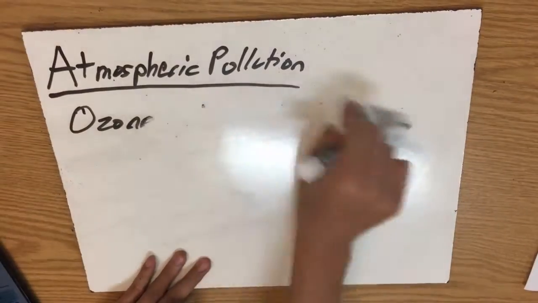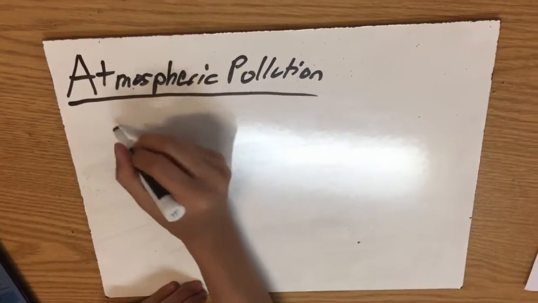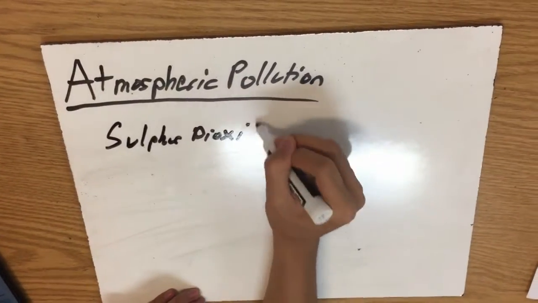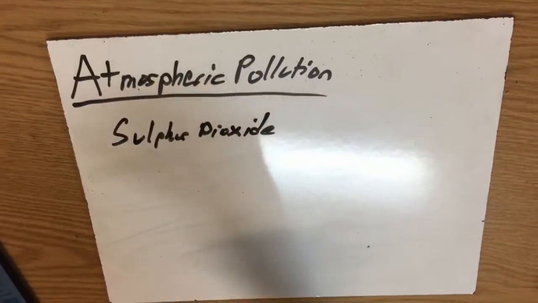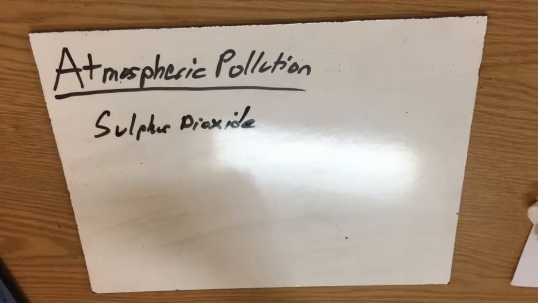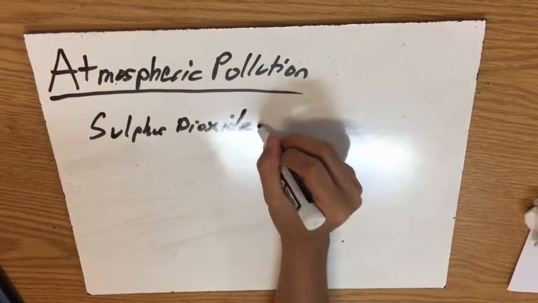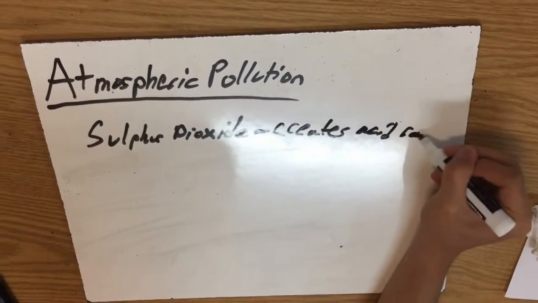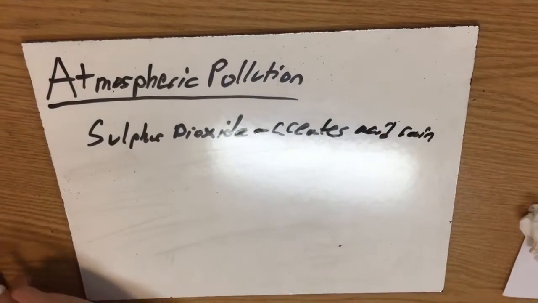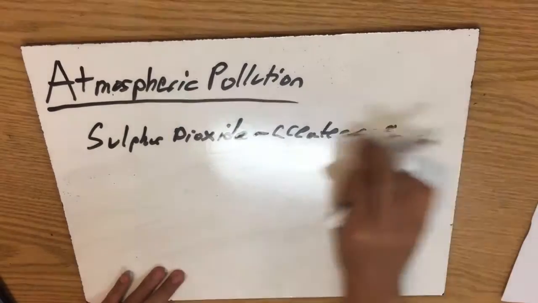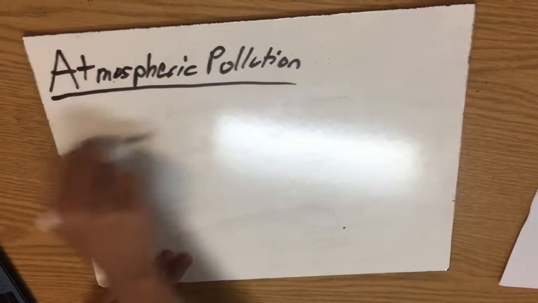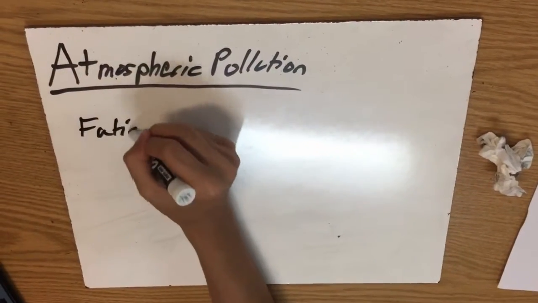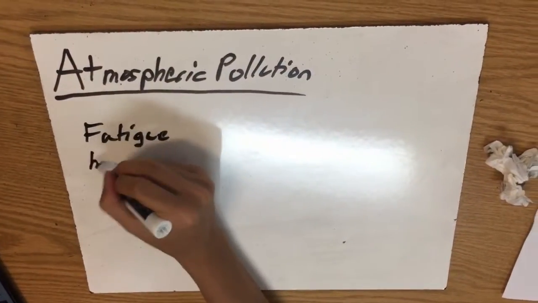Next we have sulfur dioxide. This is usually created from burning of coal and other industrial processes. And this is bad because it creates acid rain. In general, all of these pollutants cause fatigue, headache.